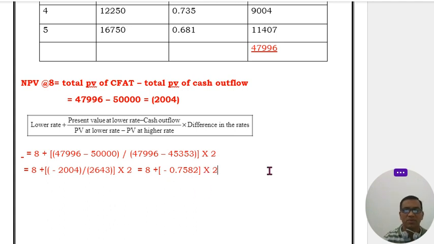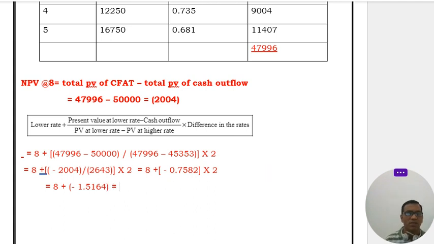One more step I am going to calculate: 8 plus, and here we have a minus value, minus 0.7582 multiplied with 2, that equals minus 1.5164.